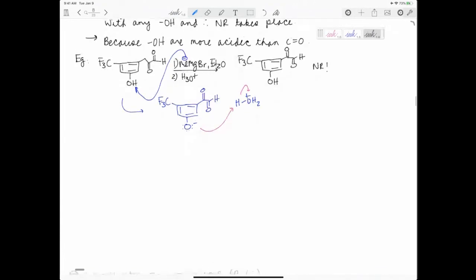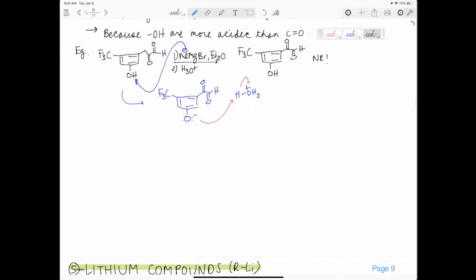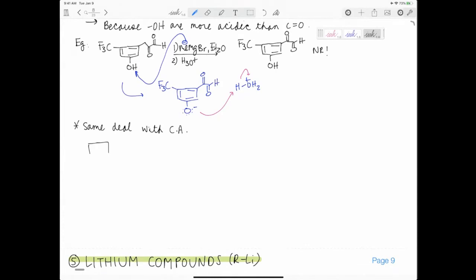Okay. The same thing happens with carboxylic acids, because you have an alcohol there. So if I had this, for example, benzoic acid, and I treat that with ethyl magnesium bromide and THF, you can see I'm really not being consistent because it doesn't matter what you use.